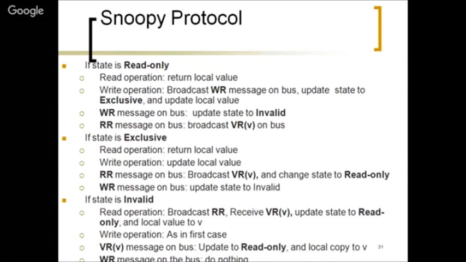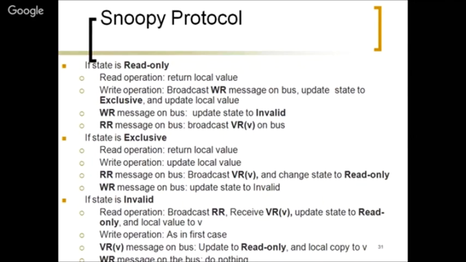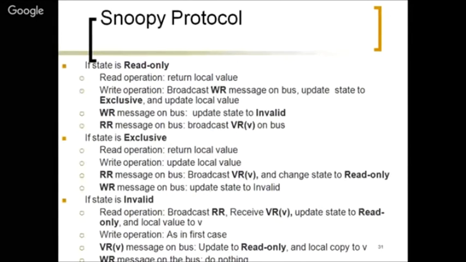Once the write is complete, the next state will be read only, because other processors may want to write, so the exclusive state should change to read only and we have to give them a chance also.